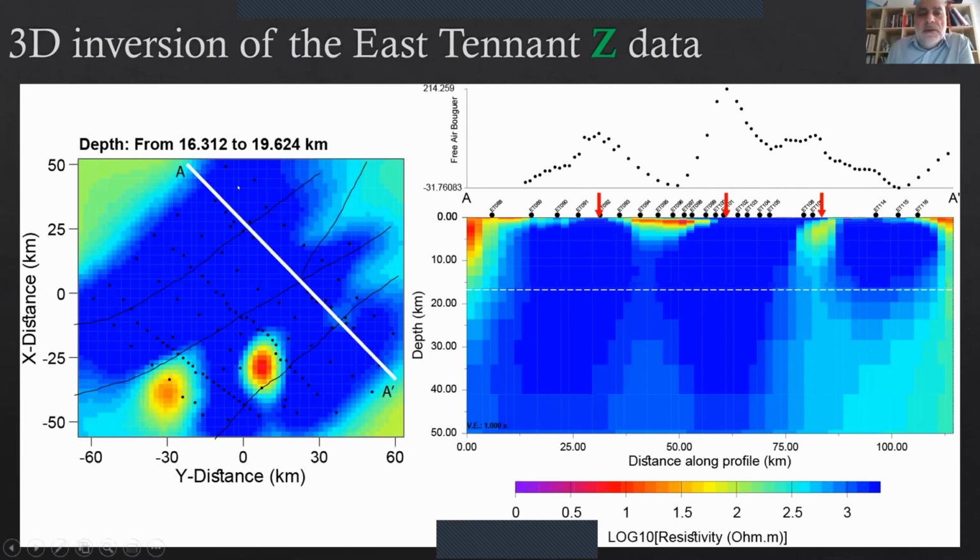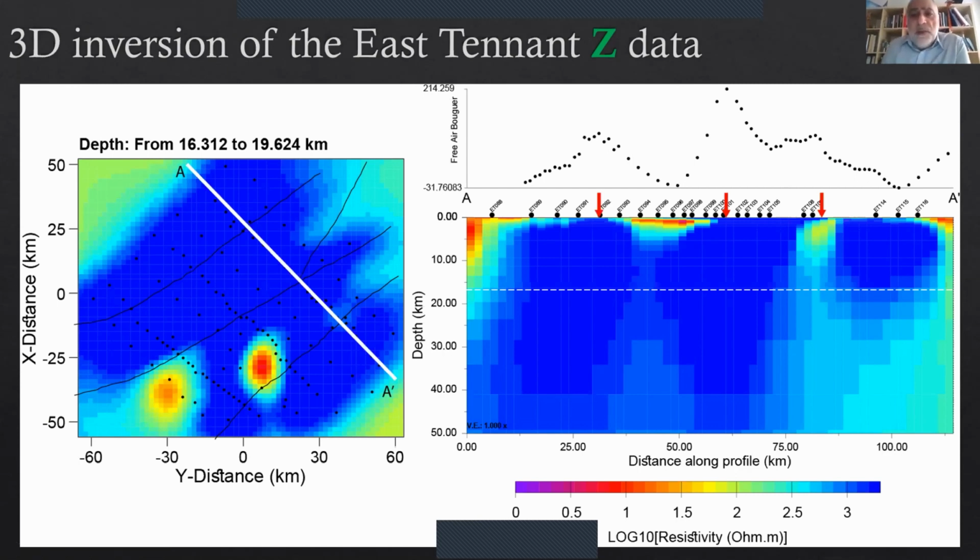I will show a cross section along this white line. At the top of the section, I will show the gravity anomaly, presented here as black dots. The intersections of the conductivity section with the fault lines are presented as these red arrows, if you can see them at the top of the section.